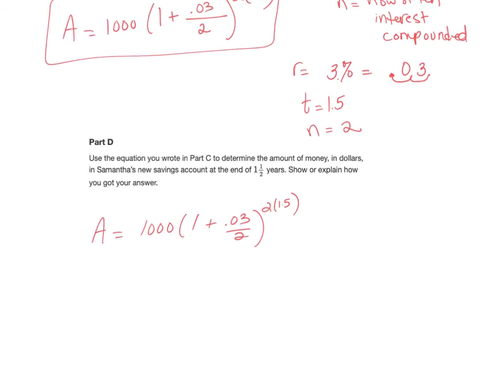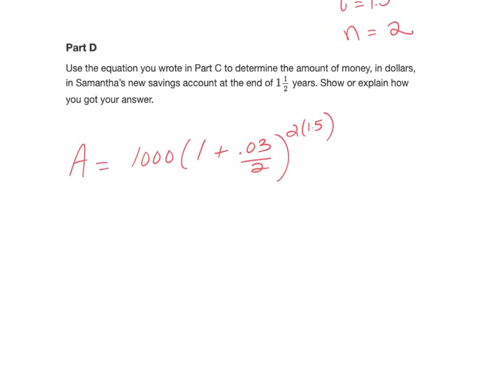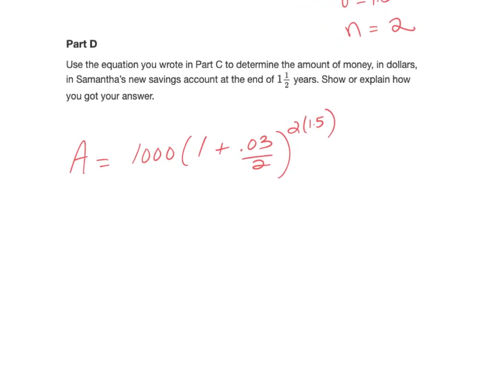Okay. So the key to solving any of these really strange equations is making sure you follow order of operations. So we always do parentheses first. So this is going to give me 1,000 times. Now inside my parentheses, I need to do the division before we add.